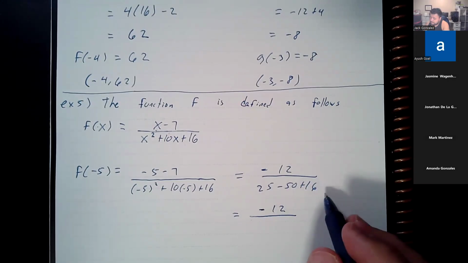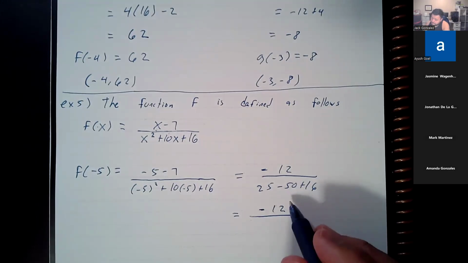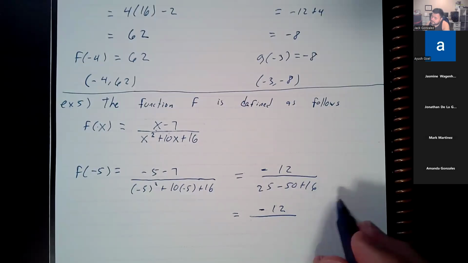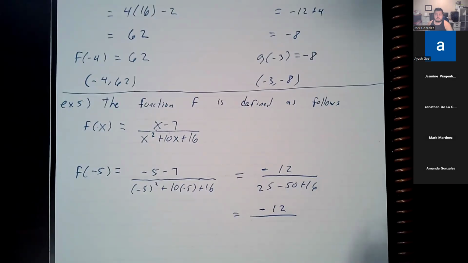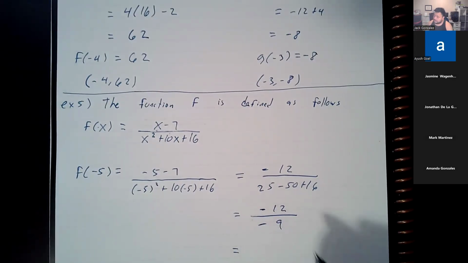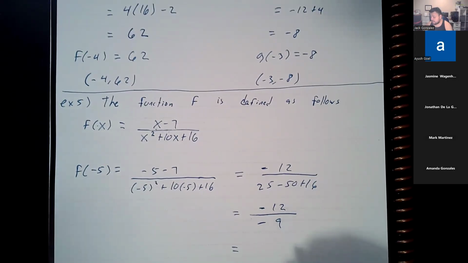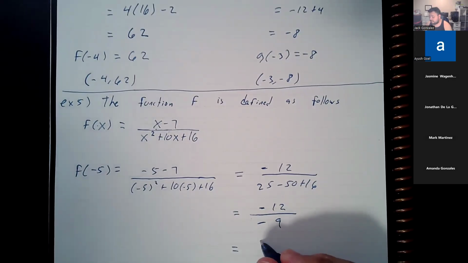What is that? Negative 9? Yeah, thanks. So these are both negative. They'll become positive, and then this will reduce. So 4/3.